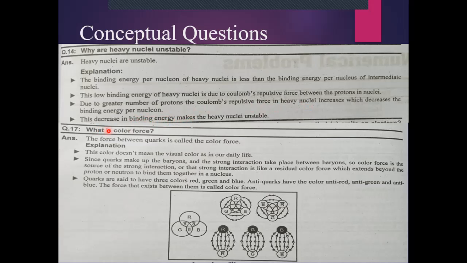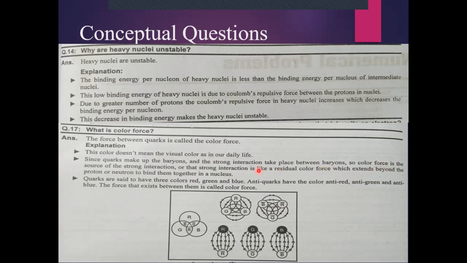And the last question is, what is the color force? The force that exists between the quarks is known as color force. This color doesn't mean the visual color as in our daily life. This only represents the property of that force. Since quarks make up baryons, a strong interaction takes place between the baryons.